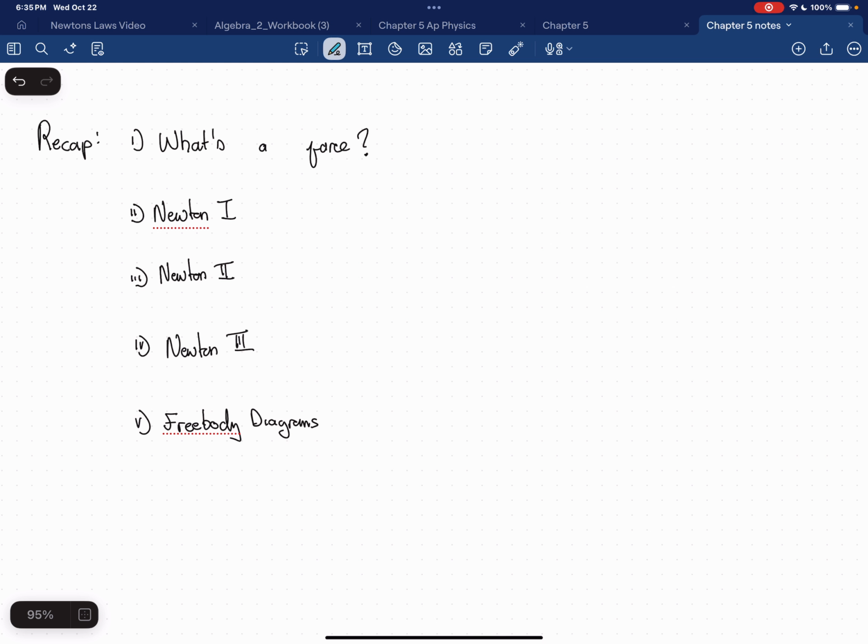So, what's a force? A force is a push or pull on an object. What does Newton 1 tell us about forces?